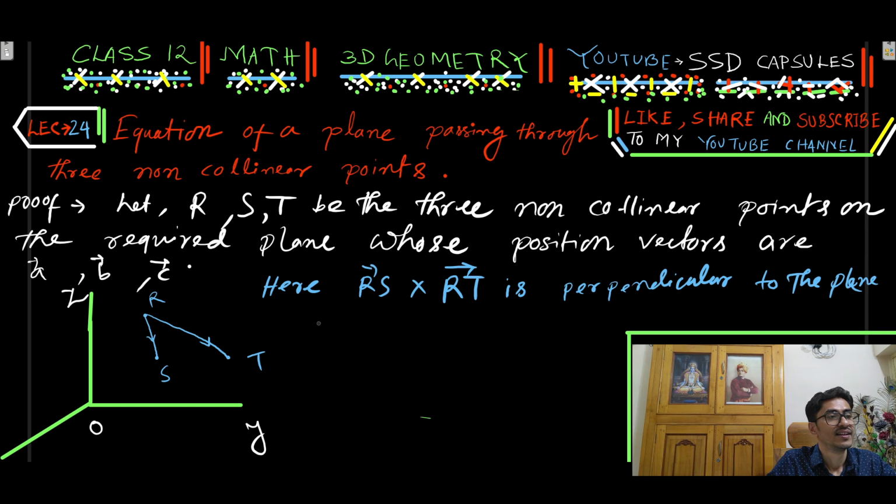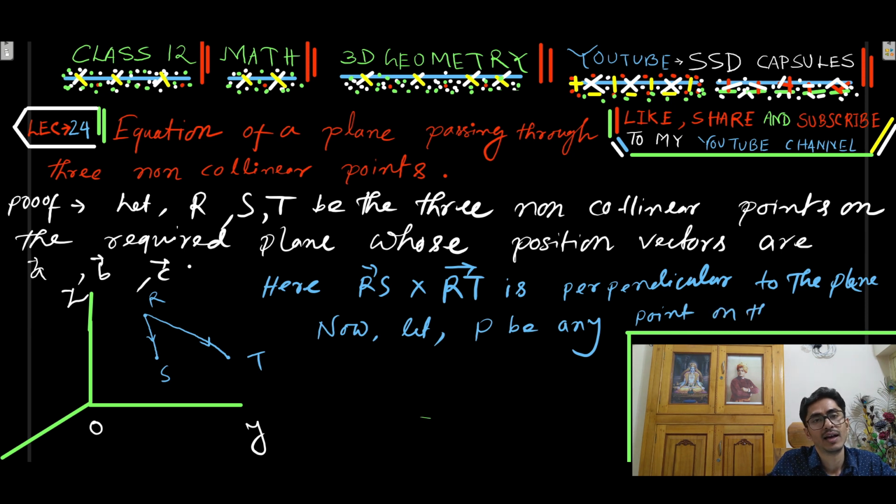Okay. Now let P be any point on the required plane, whose position vector is R vector, say.